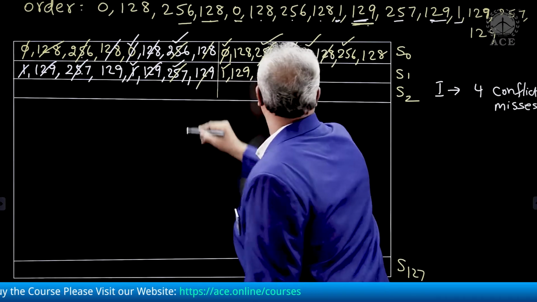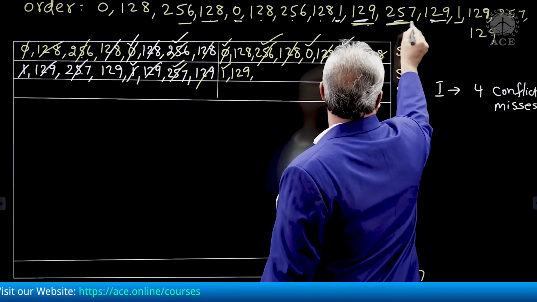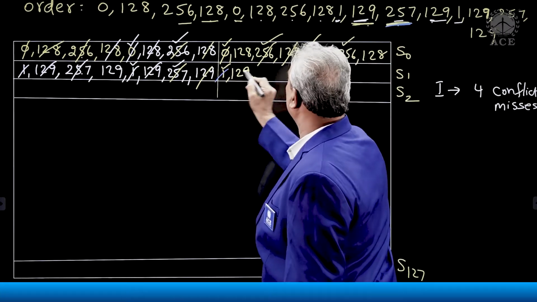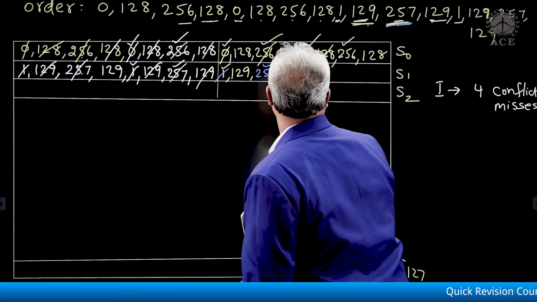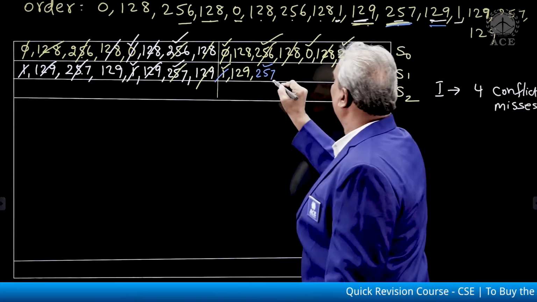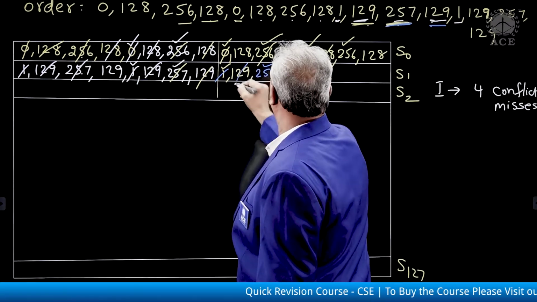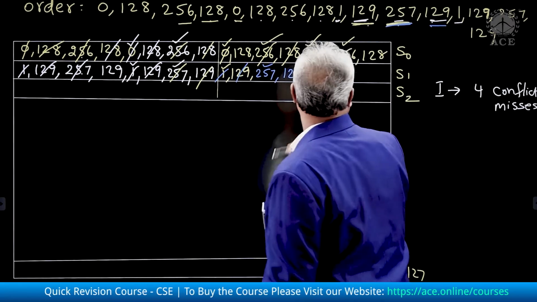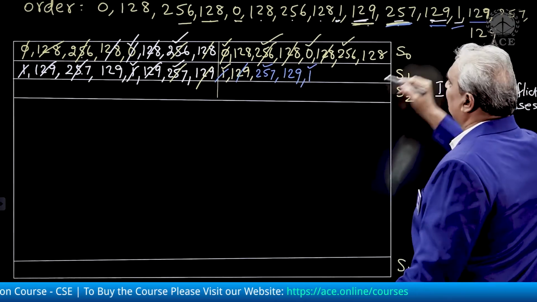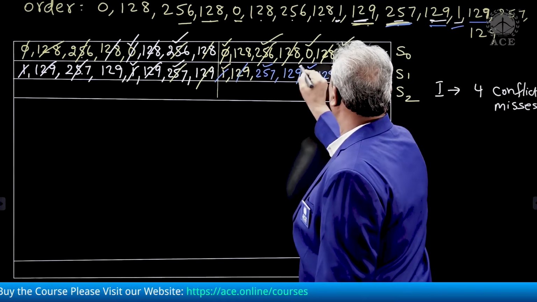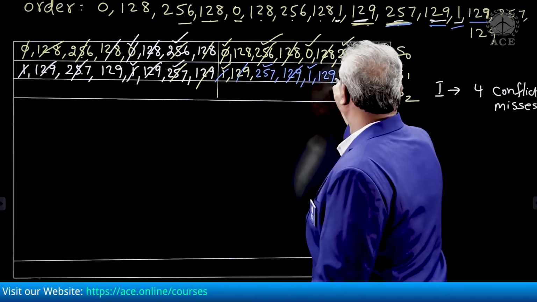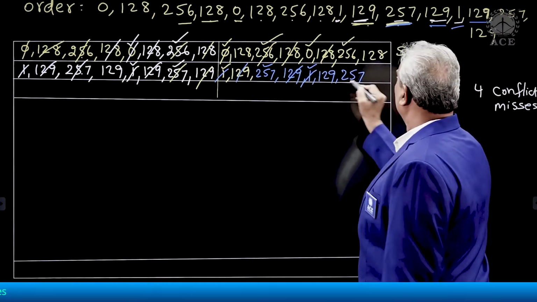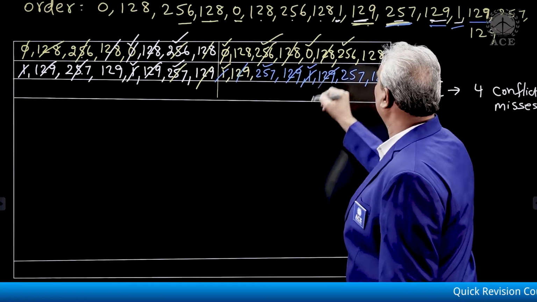After this 257 is not there. 1 is replaced with 257. For this one also, conflict miss. Next 129 already there, hit. Later 1 is not there. 257 is replaced with 1. So conflict miss. Next 129 is there, so it is a hit. What about the next one? 257 not there. 1 is replaced with 257. Next 129 is there. So finally a hit.